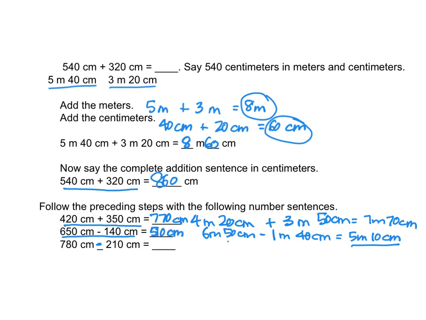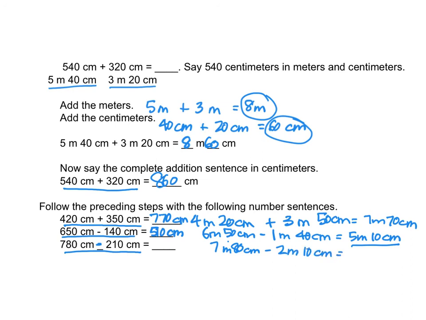Yes, you could do all this without going through all those steps, but again, there is purpose behind this, which you will see as we move along through the unit. We'll start this next one, 780 centimeters minus 210 centimeters. So let's put that into meters and centimeters. We have 7 meters, 80 centimeters. And we're going to subtract 2 meters, 10 centimeters.